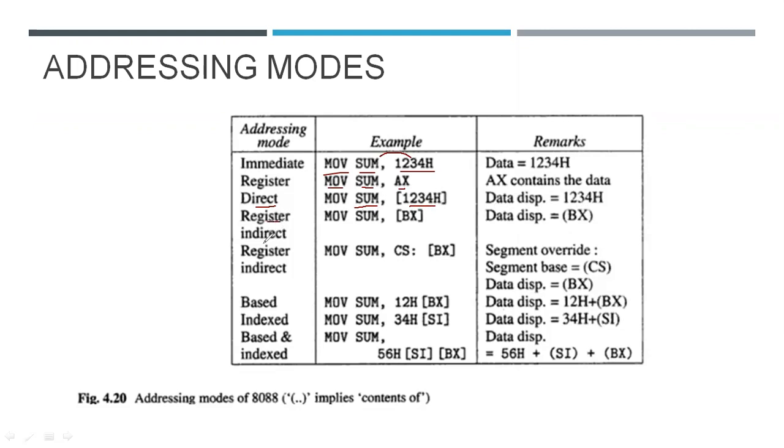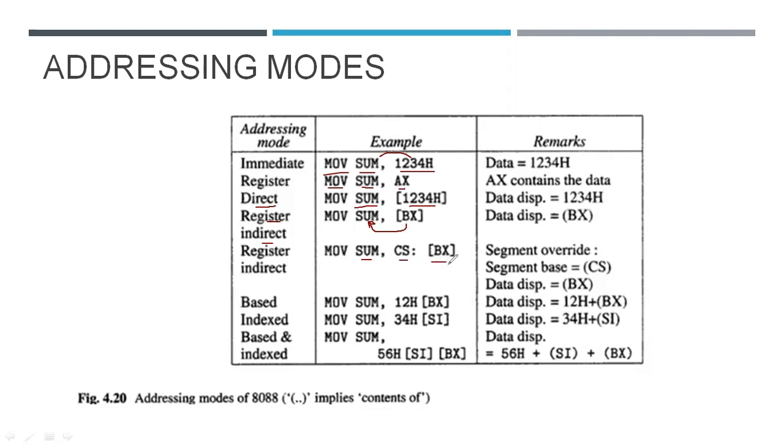Now next is register indirect. Whenever these brackets are given, the data at BX is taken, so this data at BX is given to the sum. Next is register indirect with a segment override. Move to the sum, what is to be moved? CS colon BX.